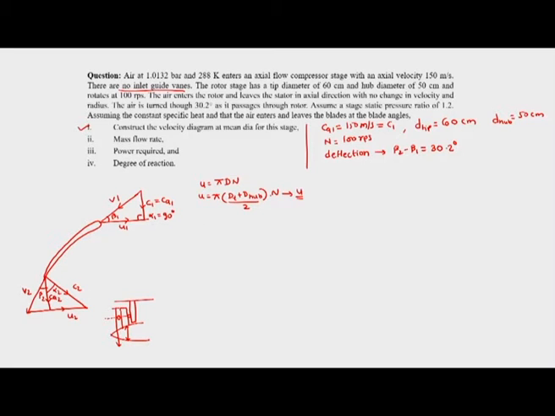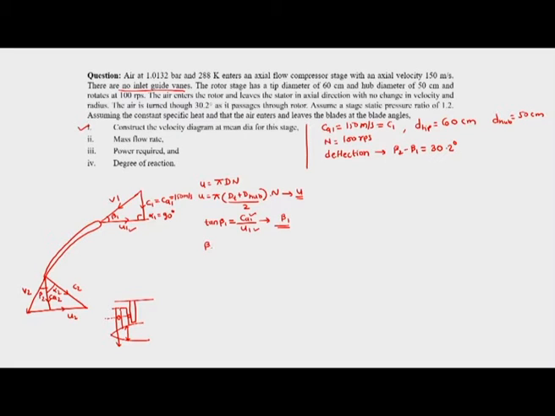Knowing U, we can find beta 1. We know U, and we know C1, which is CA1, which is 150 meter per second. So tan of beta 1 is equal to CA1 upon U1. Here we know CA1 and U1, so we can find beta 1.